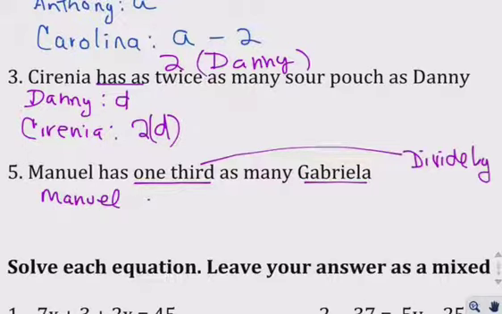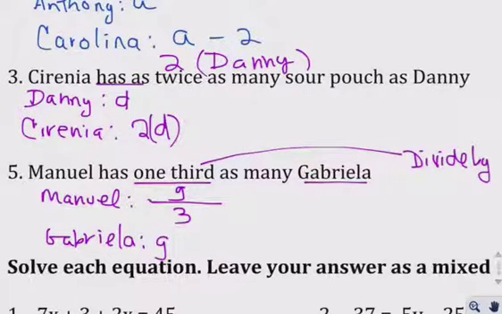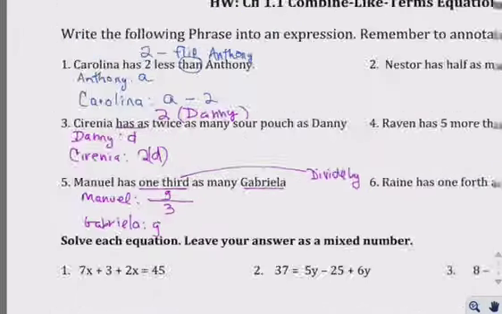We don't want to write all of Gabriel's names, so we let people know that Gabriella is the letter G. So Manuel's 1/3 of what Gabriella has, so it's G divided by 3 like that.